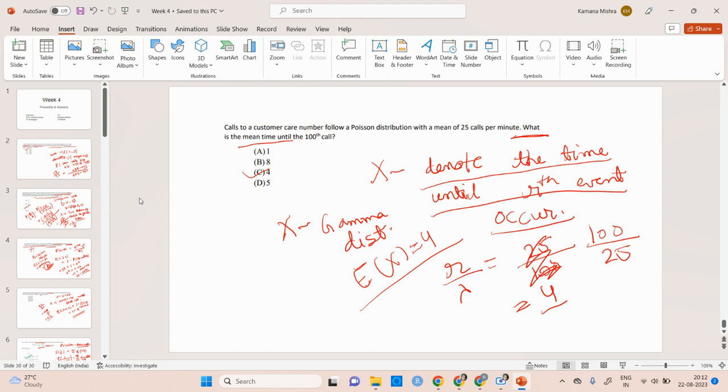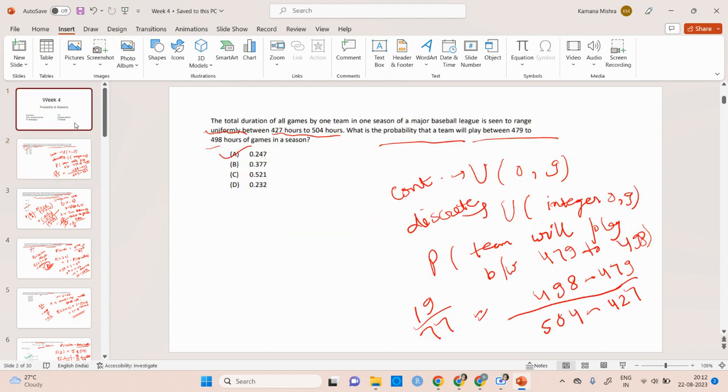Then I can write it down and explain it in the next class. Okay. Any other doubts?